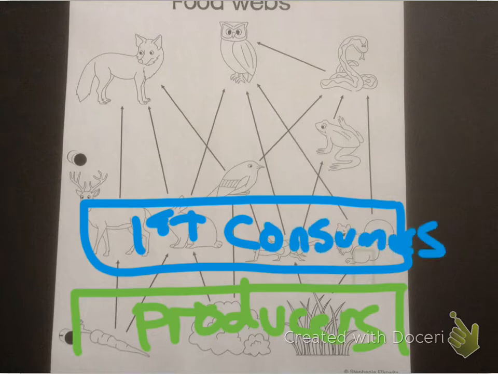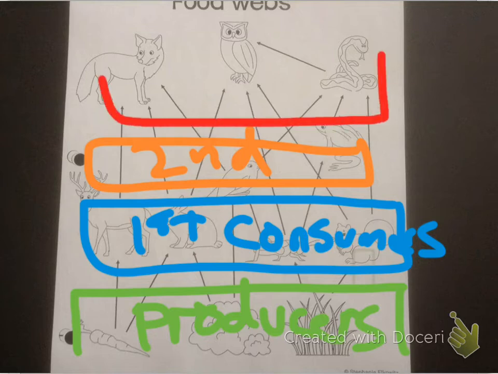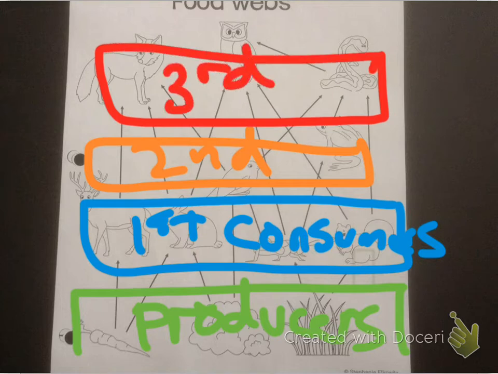And then our next level, we have kind of our staging for our omnivores or our secondary consumers, kind of in this area right here is going to be our second. And then at the top, we're going to see our tertiary consumers or maybe even quaternary consumers. And those tend to be our carnivores.